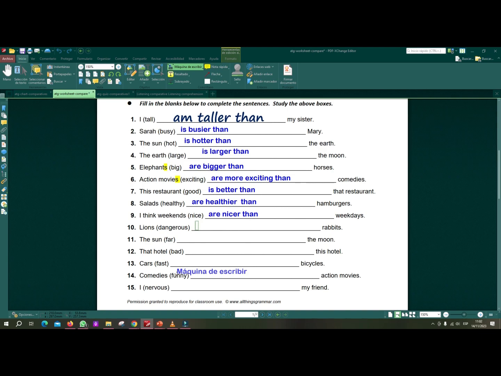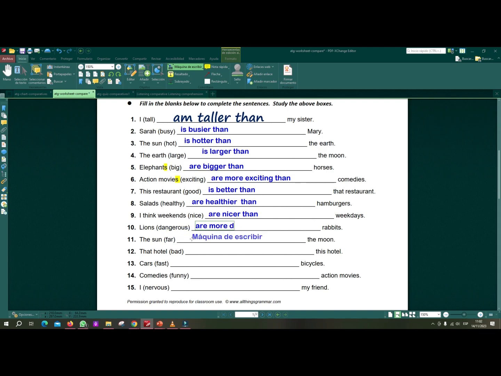Lions, Miss Anna, lions, plurals. This is different. Lions, dangerous, rabbits. Maybe a lion are Are. No sé, are using more. Yes, more. Porque vea, tenemos un adjetivo largo de 3 sílabas. Dangerous.